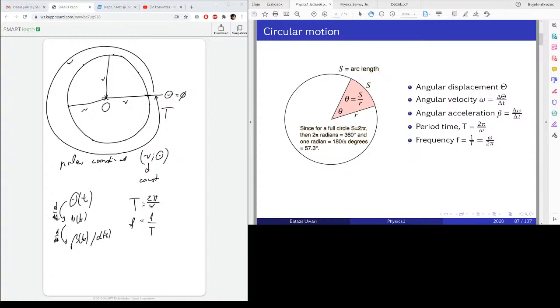The theta has no unit, omega is 1 over s, alpha or beta is 1 over s squared, time is T, and the frequency is 1 over s, but by convention we use the hertz.